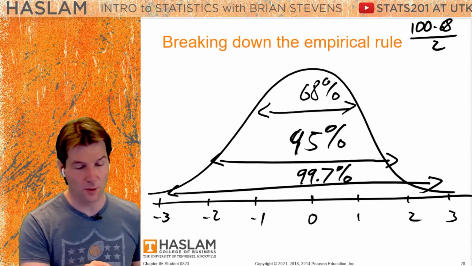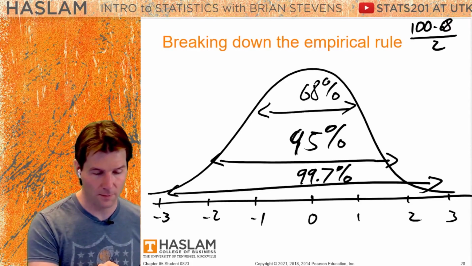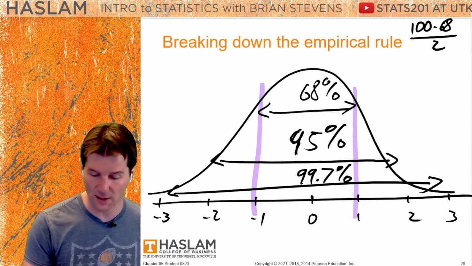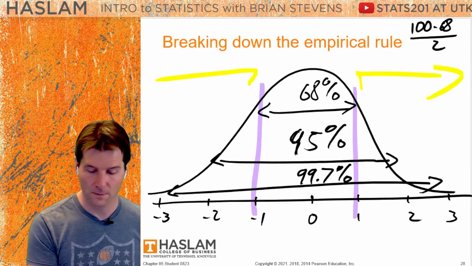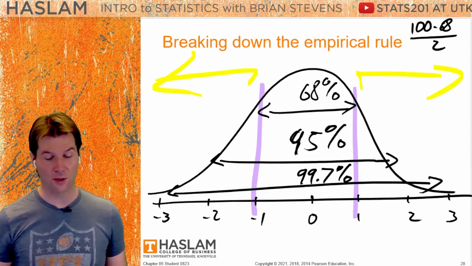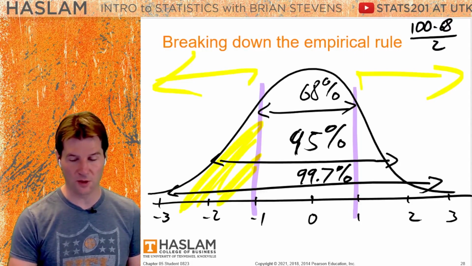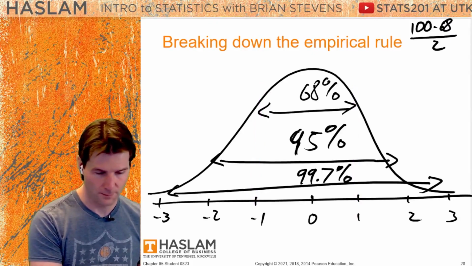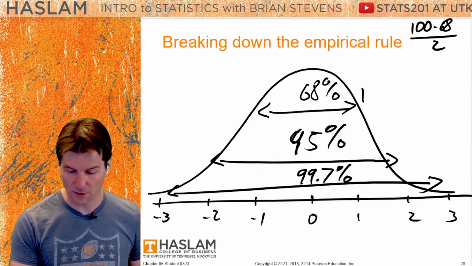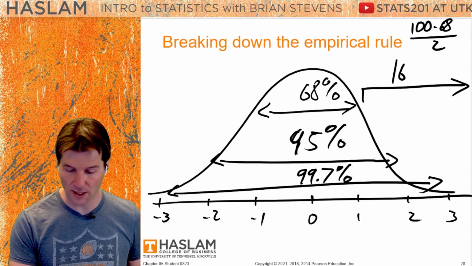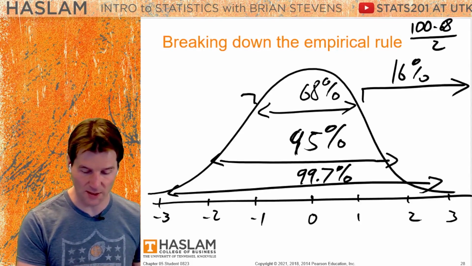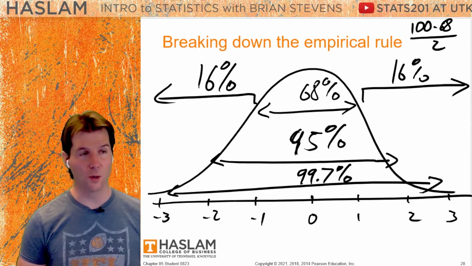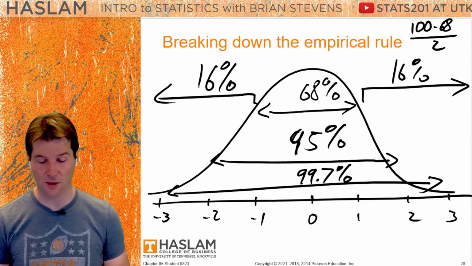We're saying between here is 68, so what is outside of here? Well, outside is 32, and then one of these tails would be worth 16. The way you know you've done this properly is when you go across these arrows, you get 100%. So 16 plus 68 plus 16 is 100%.